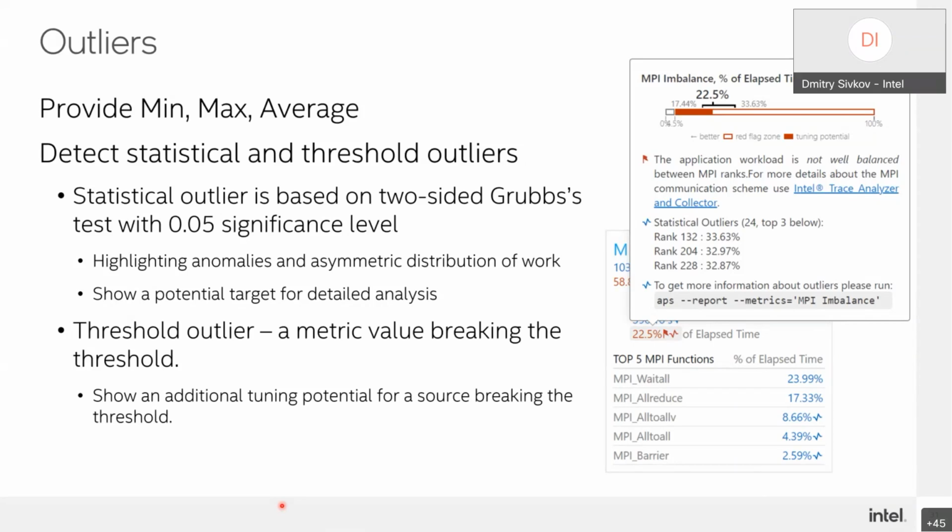And Intel Application Performance Snapshot introduces, in recent versions, outlier detection. It is based on statistical tests. So it can check outliers and provide some information about which ranks have behavior statistically not like other ranks.